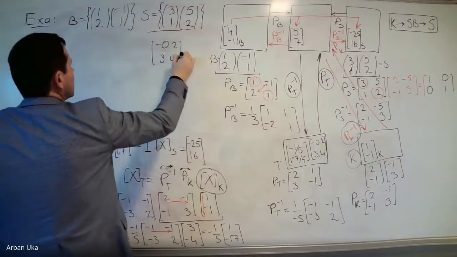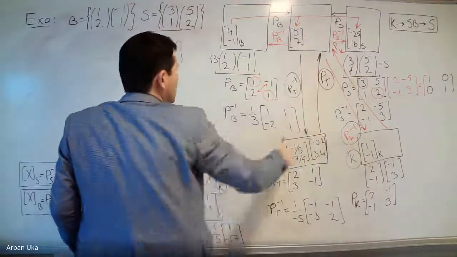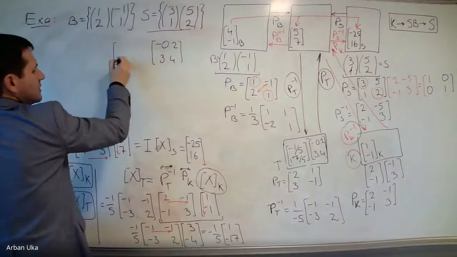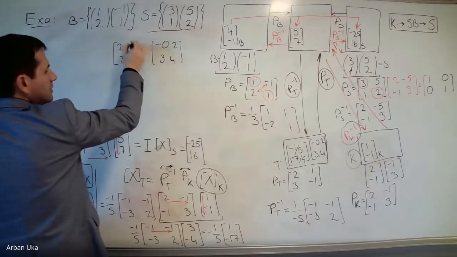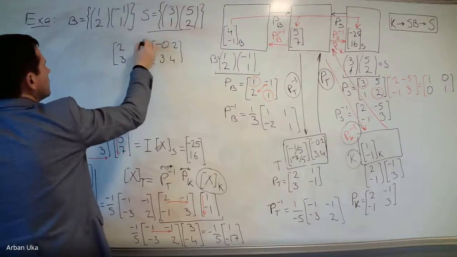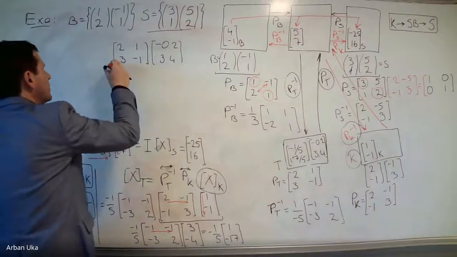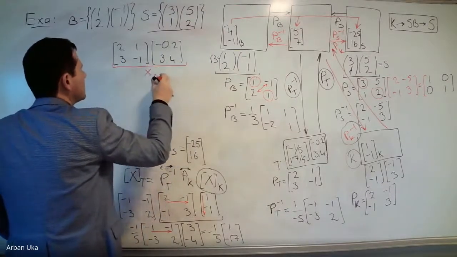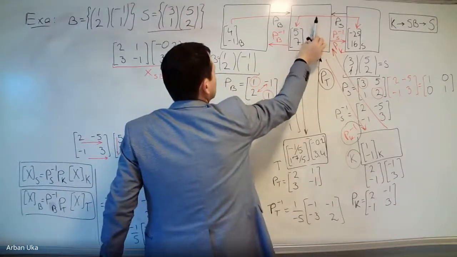We multiply this with PT to go to the standard basis, and the PT is [2, 3; 1, -1]. And now, this means that this component is in the standard basis. So this is x according to the standard basis.